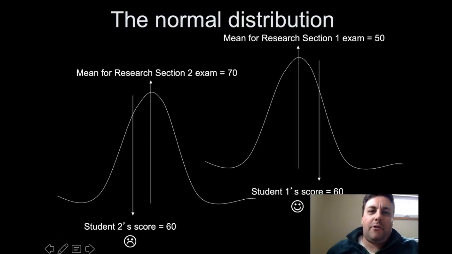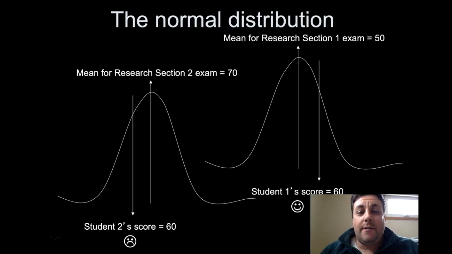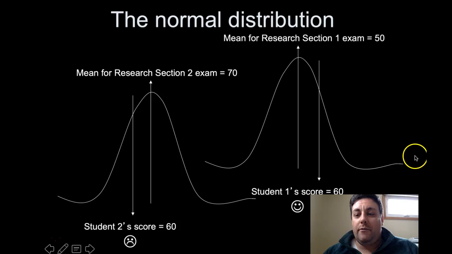Let's ask, right? What it has to do with is what the score is, and what the mean score is relative to that other person's score. Both of these graphs show normal distributions, right? Mean, median, mode, all occurring at the highest point in the graph, and very few scores occurring at either of the tails.